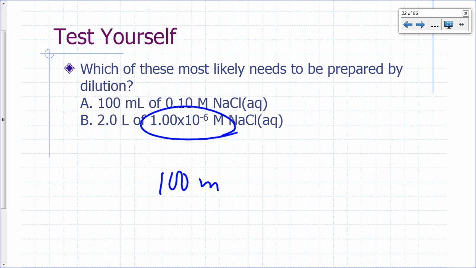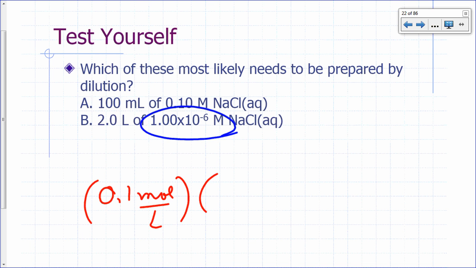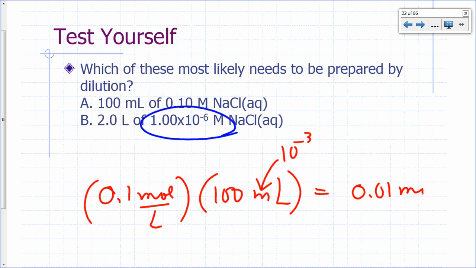100 mils times 0.1. Okay, let's figure out the number of moles. 0.1 moles per liter of sodium chloride times 100 milliliters. Milli means 10 to the negative third. So 0.1 times 100 times 10 to the negative third. That gives you 0.01 mole.